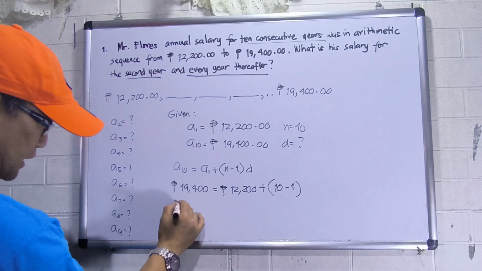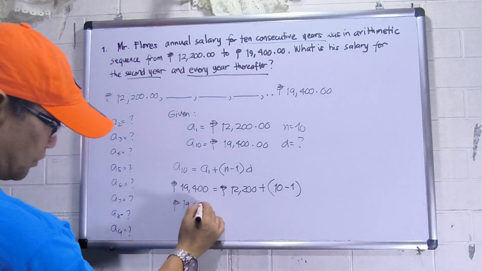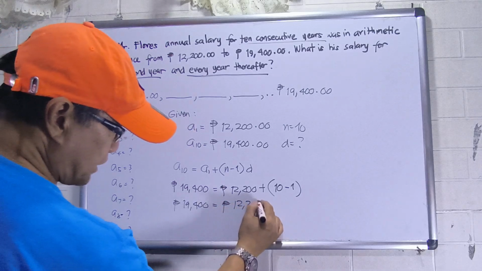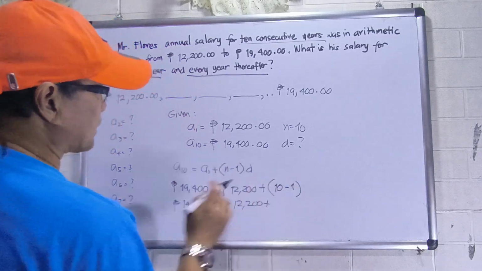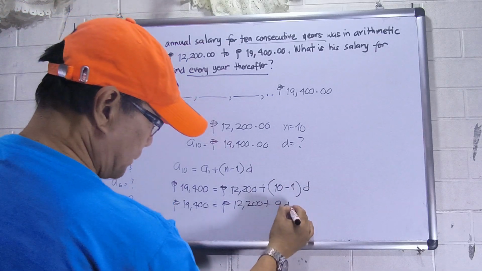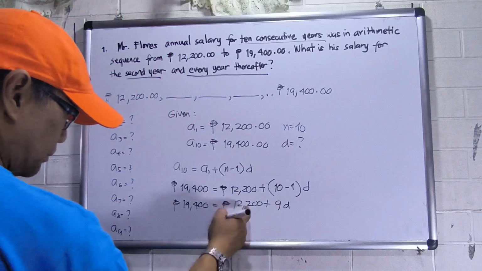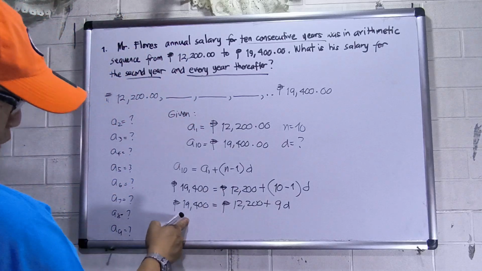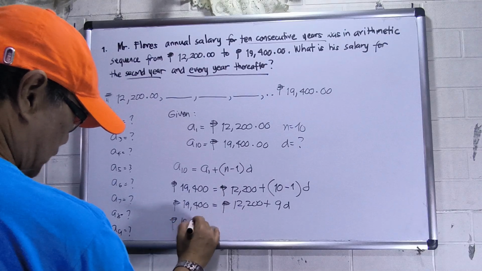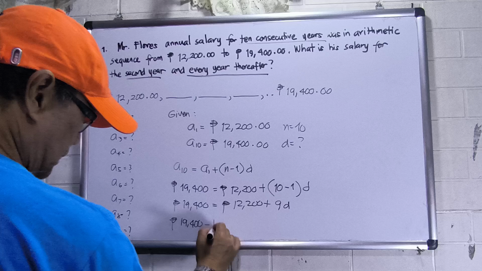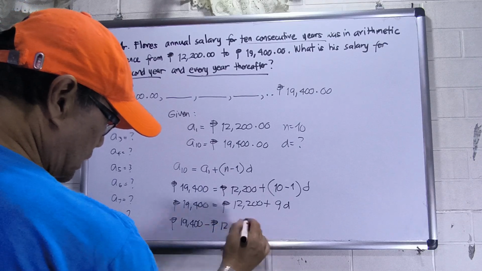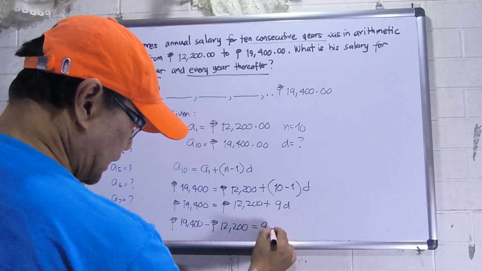So this will be 19,400 equals 12,200. Oh, I forgot to write the D. So this is 9D. Okay? So I will transpose 12,200 to the left side. So 19,400 minus 12,200 is equal to 9D.